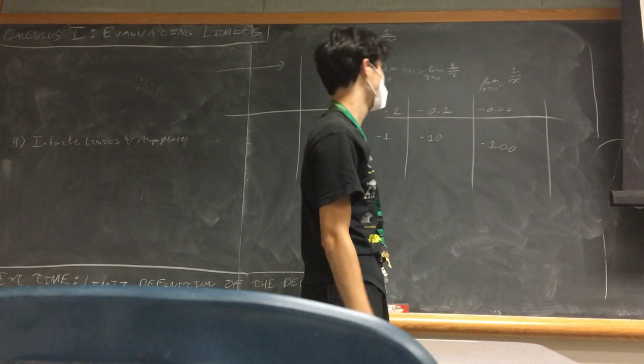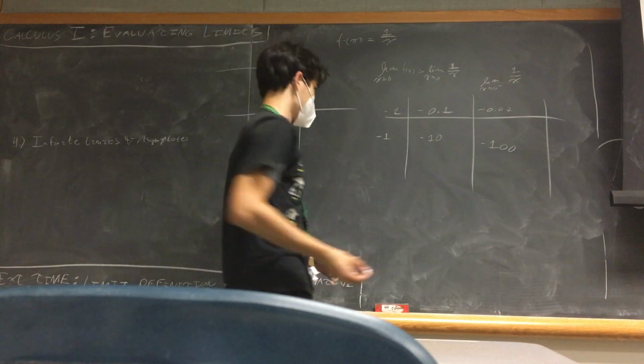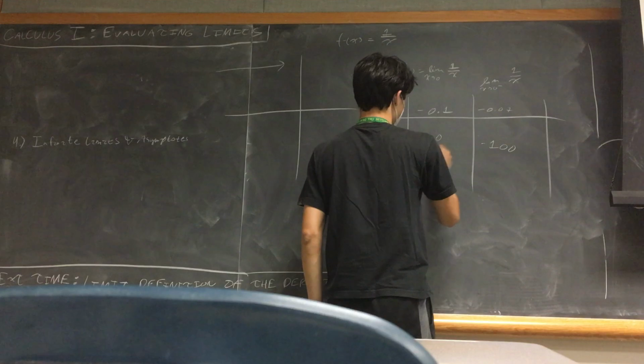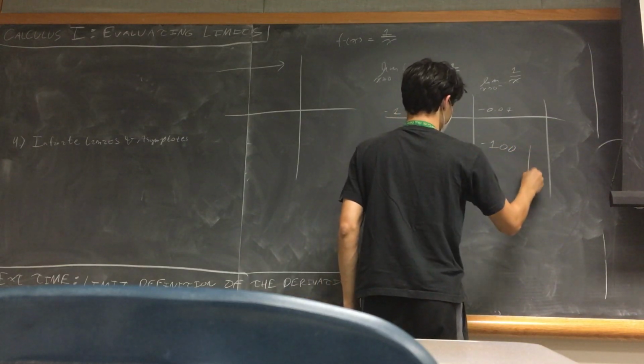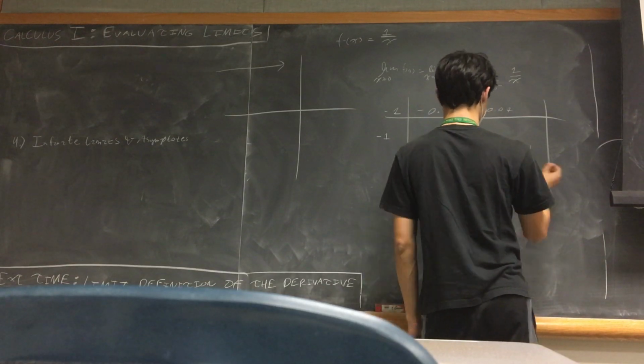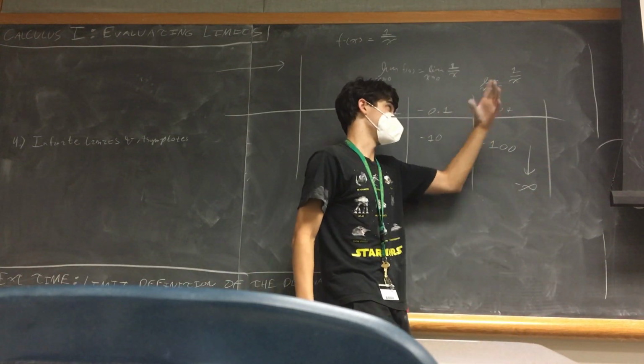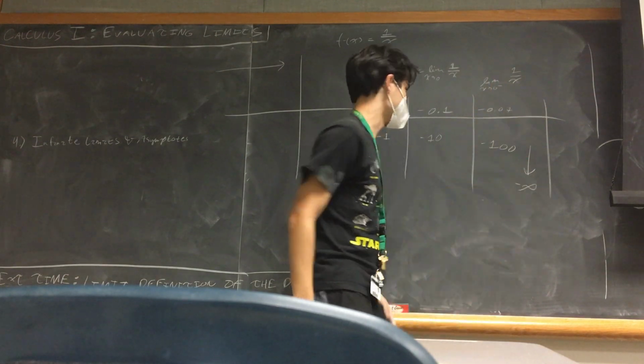is negative 100. So if you look at this, it appears to be decreasing without bound, or it appears to be approaching negative infinity. Negative 1, negative 10, negative 100, negative 0.001 would be negative 1,000.